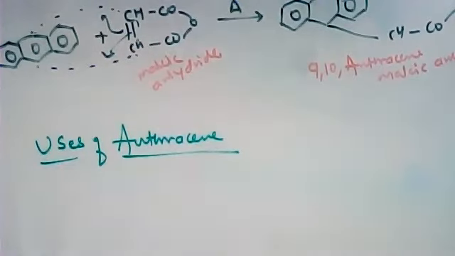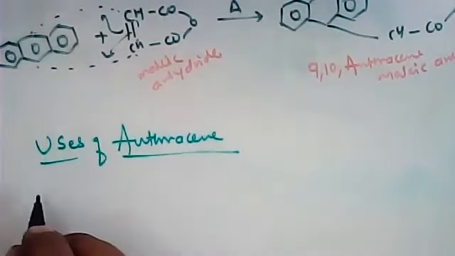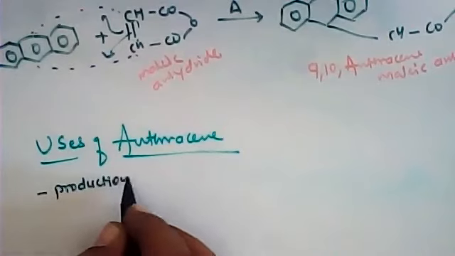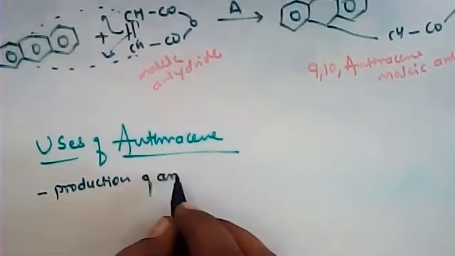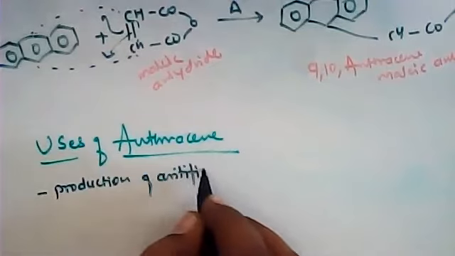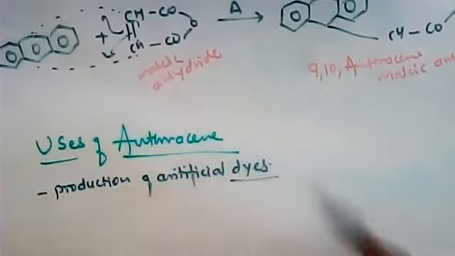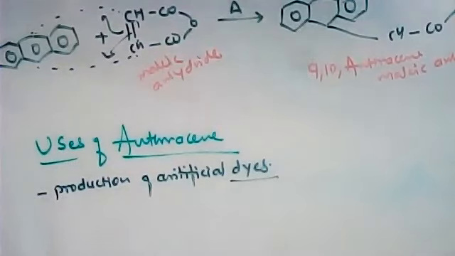Anthracene is used in the production of artificial dyes. Dyes are required for coloration of different substances and objects, such as cloth colors.